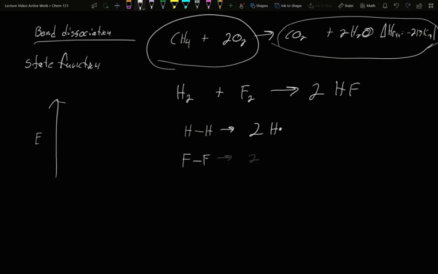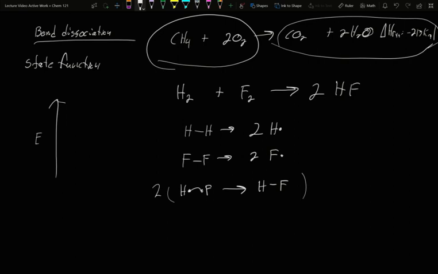My fluorines, let's just break them into 2 separate fluorine atoms. And then if I have an H atom and a fluorine atom, I can pair them and turn them into HF. And I can do that twice.